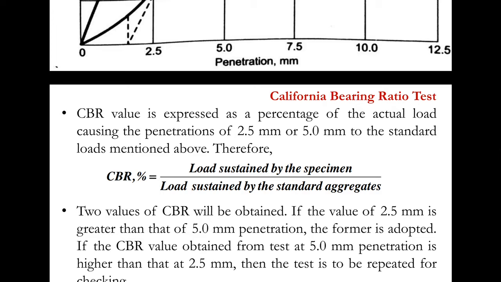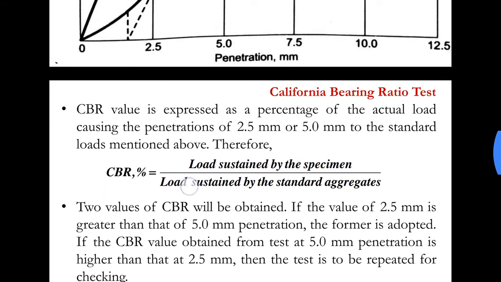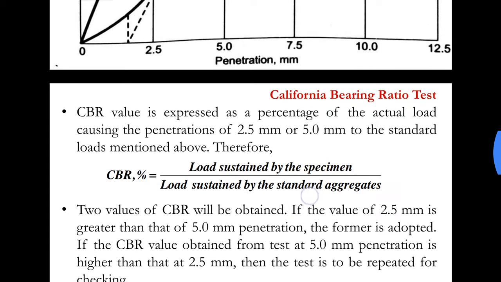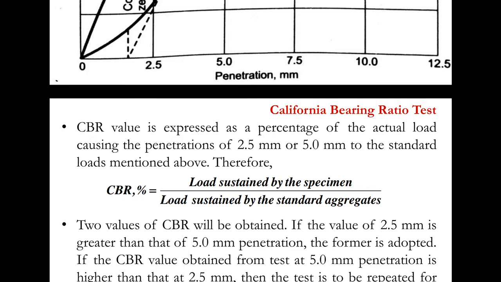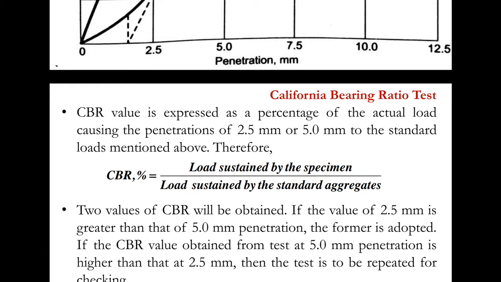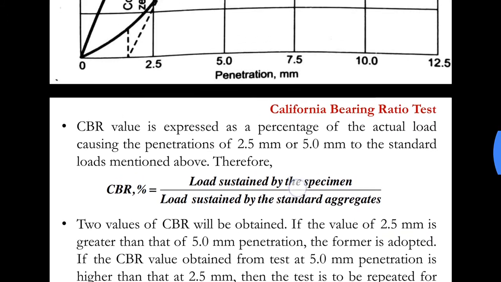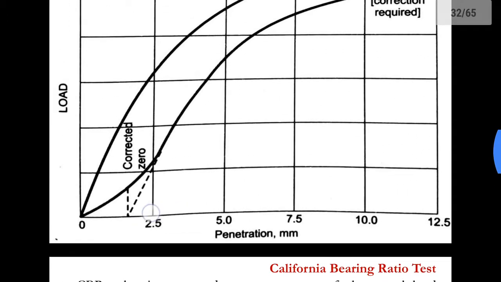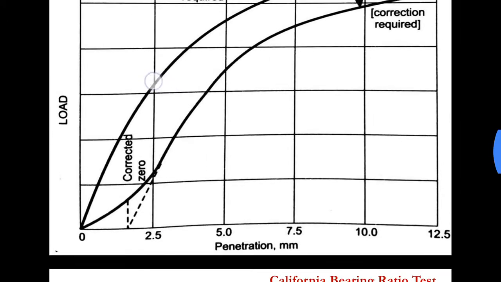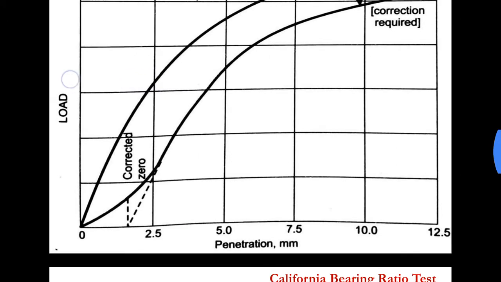So how do we calculate the CBR? CBR percentage is given as load sustained by the specimen. Firstly we are calculating CBR at 2.5 mm. So CBR equals load sustained at 2.5 mm. We have 2.5 mm here. You need to extend a vertical to cut this curve here, then extend a horizontal.